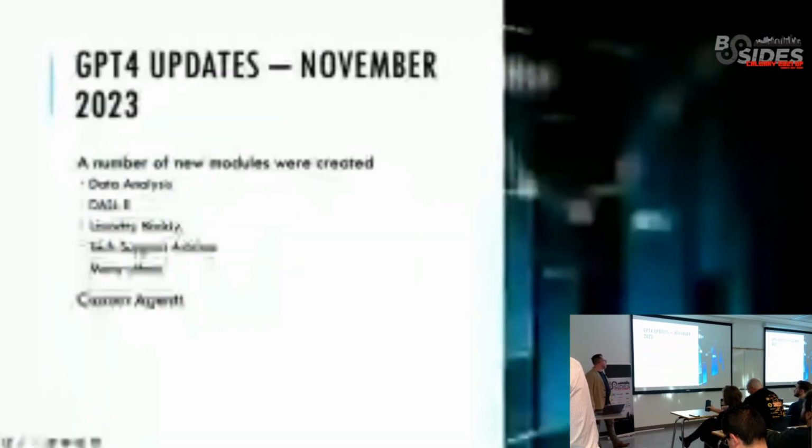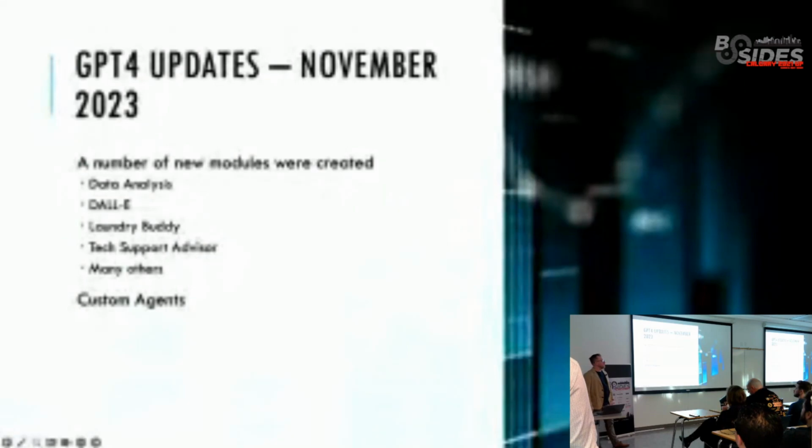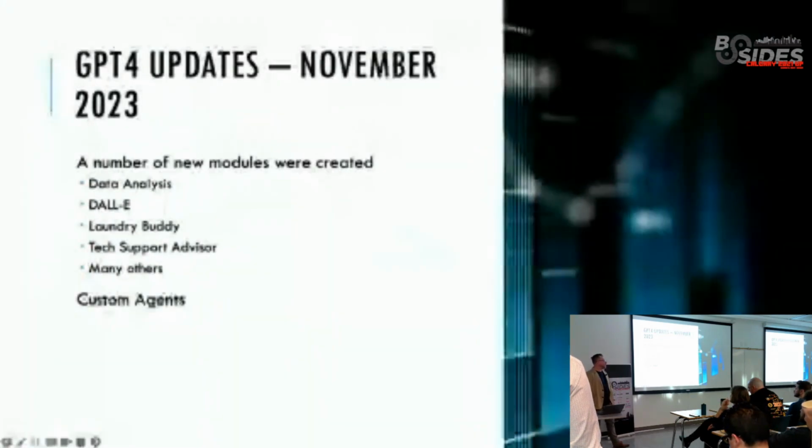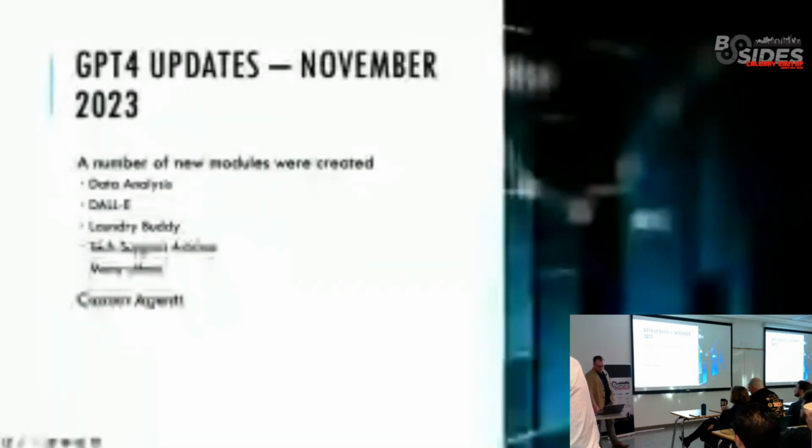They've done a whole bunch of other random ones like Laundry Buddy, where you find out how to take leather stains out of your white shirt, Tech Support Advisor, and a mocktail creator, so you can create cool cocktails for your alcohol-free party, and lots of other ones. They've also added the ability to create custom GPTs, which I'll talk about a bit later.